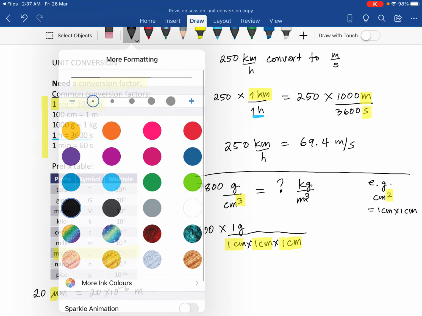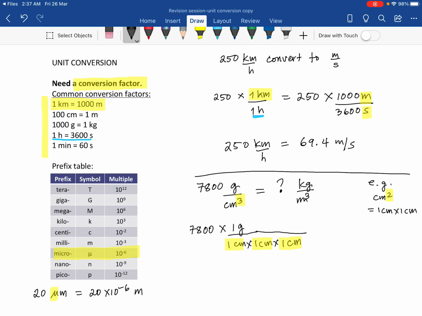Right? Okay, so now we've written down the thing we want to convert in terms of the number and the units. We now go to our conversion factor. Okay, so we can see here we want to change grams into kilograms.